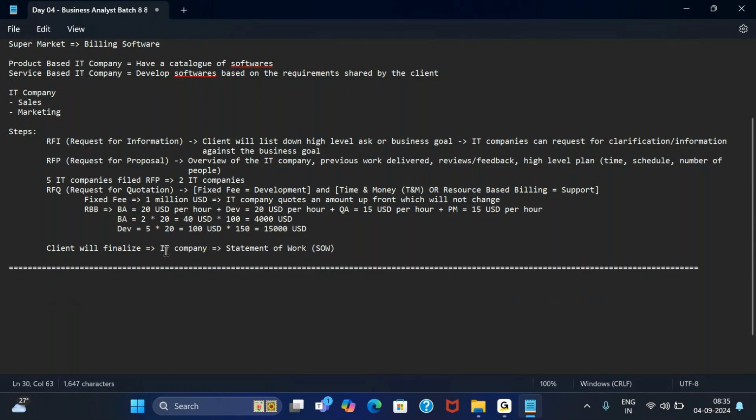So once the client is okay, once the IT company is okay, they both will sign the SOW. That is called the statement of work.